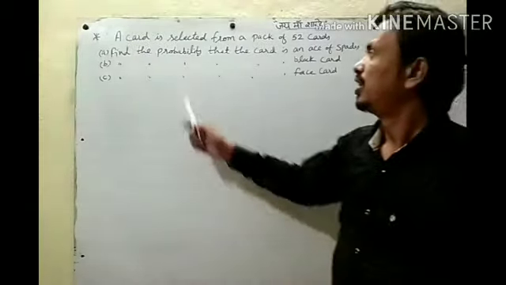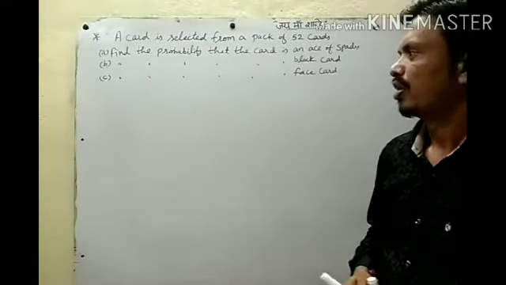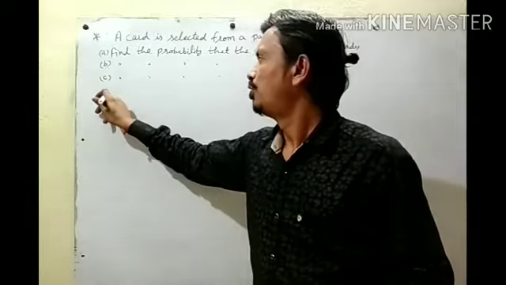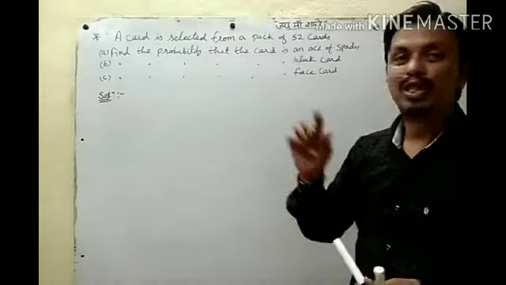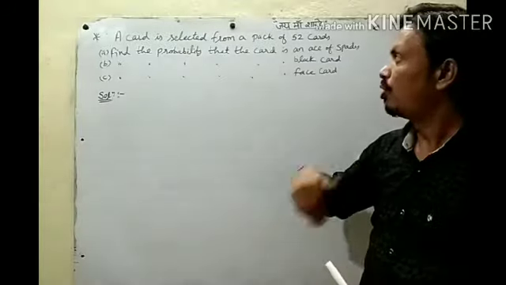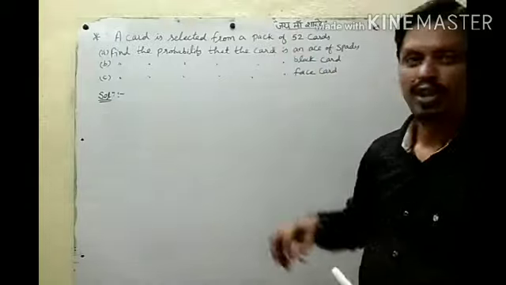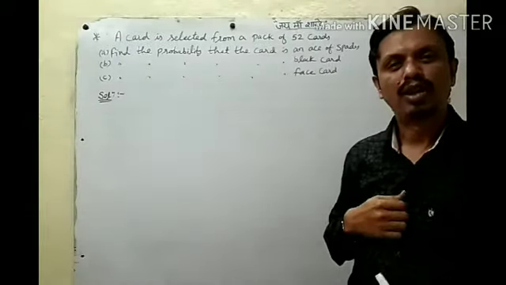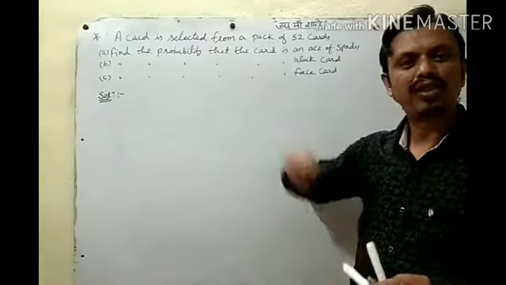Now we need the chances of getting the Ace of spade. So first of all, we need the sample space. If we draw one card from 52 cards, what will be the possible outcomes? The card drawn can be any one of the 52 cards.